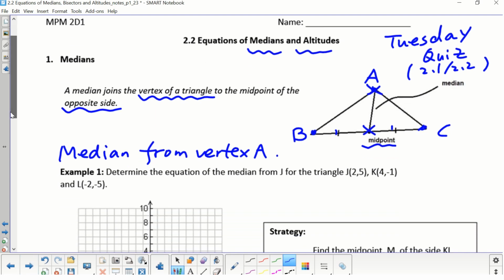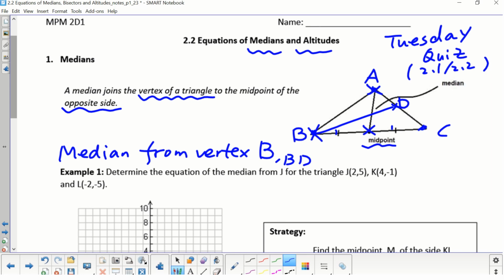So the median from vertex A is here. The median from vertex B will be from B to the opposite side: find the midpoint, then connect, and that is the median from vertex B. So the opposite side, midpoint.